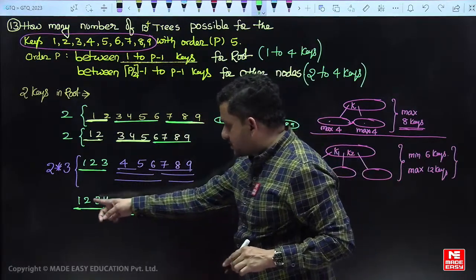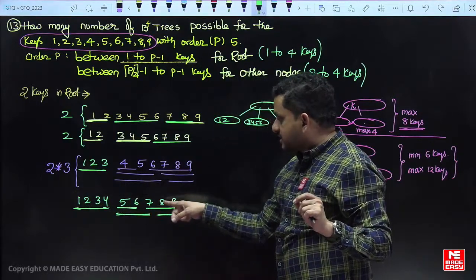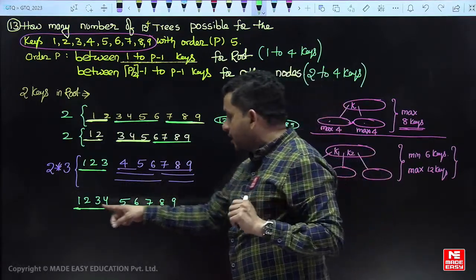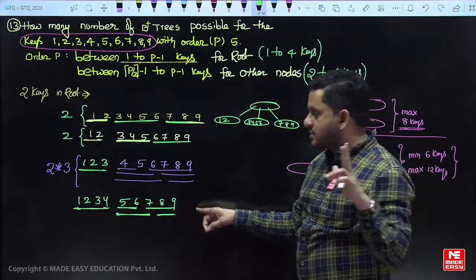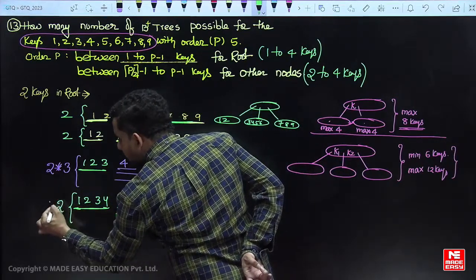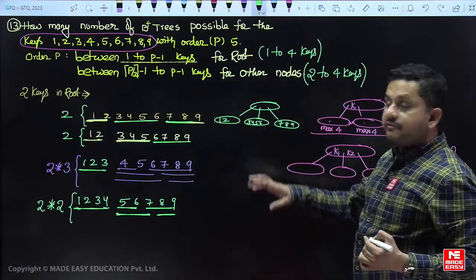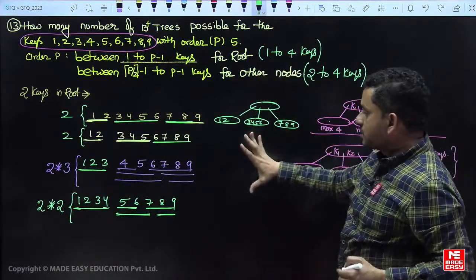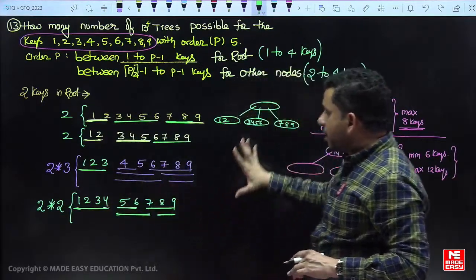These are the 2 trees: 1 2 3 4 first leaf node, 5 6 second leaf node, 7 8 9 third leaf node, or 5 6 7 second leaf node and the third leaf node with 2 keys. So 2 ways, and every way has left biasing and right biasing, 2 possibilities. So 1 2, 1 2 3 and 1 2 3 4 are all covered.